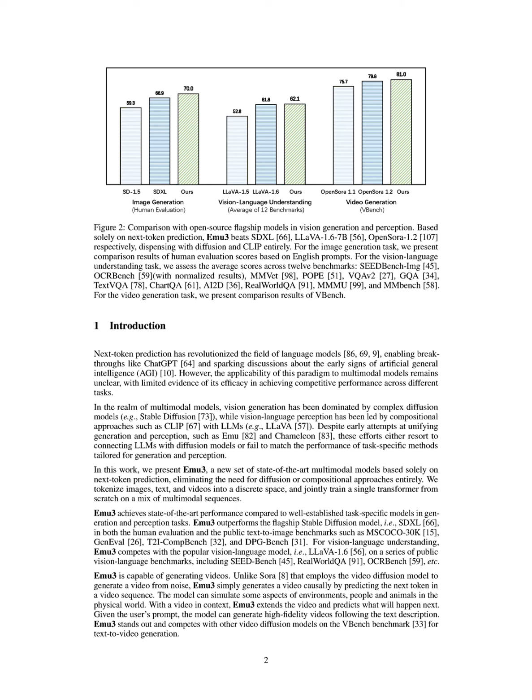Specifically, Emu3 achieves state-of-the-art results on benchmarks such as MSCOCO30K for text-to-image generation, outperforming established models like Stable Diffusion (SDXL) and demonstrating competitive performance against DALL-E3. In video generation, Emu3 excels on the VBench benchmark, showcasing its ability to generate high-fidelity videos and extend video content by predicting future frames, a capability that traditional diffusion models lack.